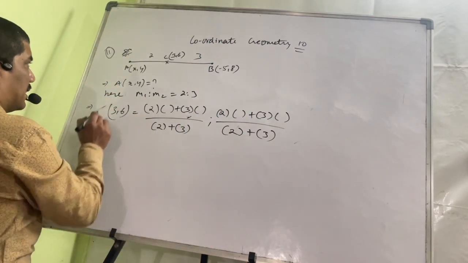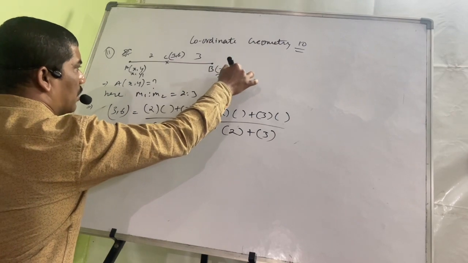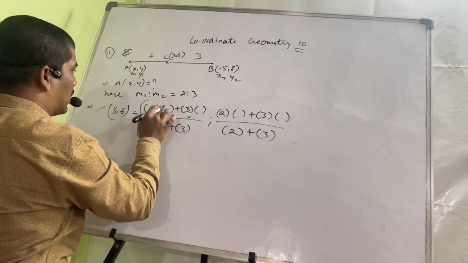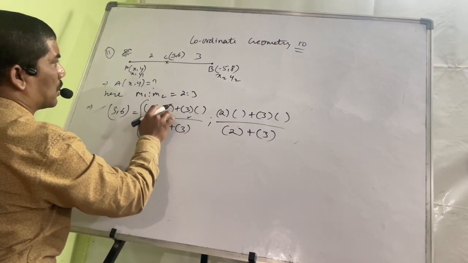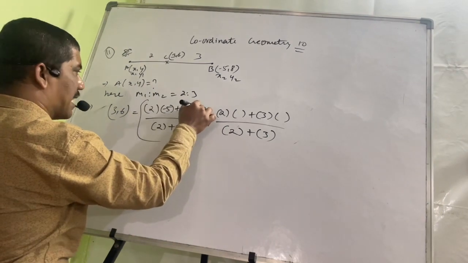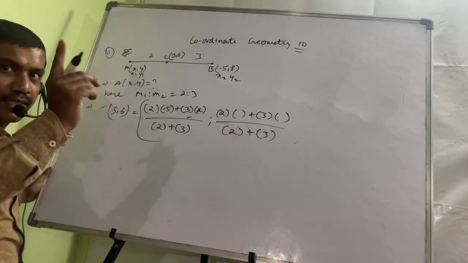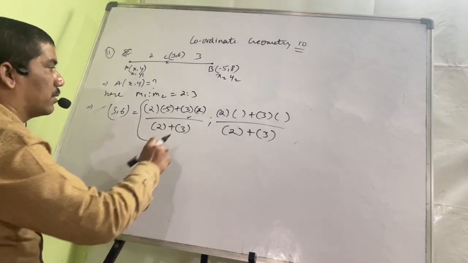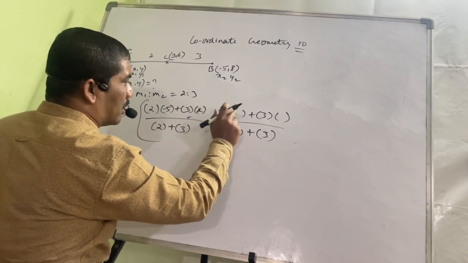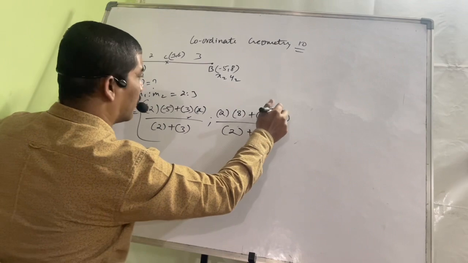Now see here, this you take as x1, y1, and this you take as x2, y2. So what is our x2? Minus 5. What is our x1? x only. x1 will be x. You also listen carefully. m1 y2, what is our y2? 8. y1 is y.